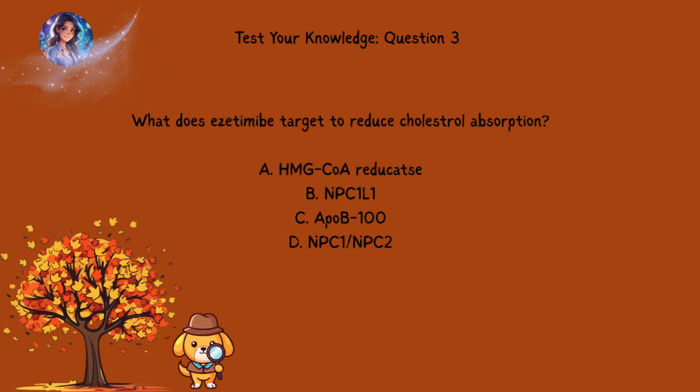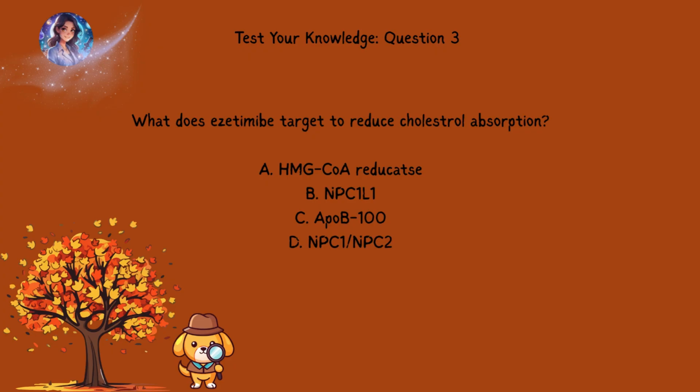What does ezetimibe target to reduce cholesterol absorption? A. HMG-CoA reductase. B. NPC1L1. C. ApoB100. D. NPC1-NPC2. So going in order here, ezetimibe does not target HMG-CoA reductase because HMG-CoA reductase is blocked by simvastatin.